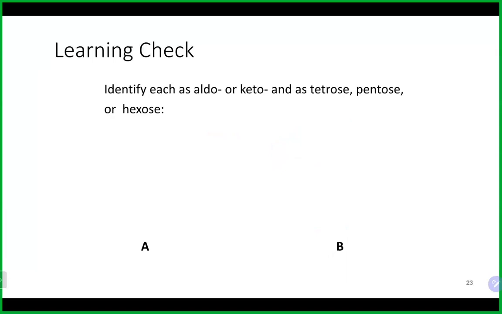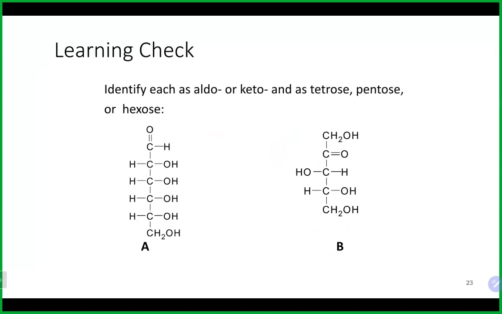All right, so we want to know, are these an aldo or a keto? Is it a tetrose, pentose, or hexose? Take a moment, identify each of them, and also identify how many chiral carbons. Okay, let's take a look at A. Hopefully you should be able to recognize this organic group.